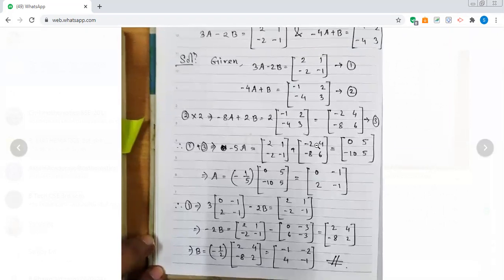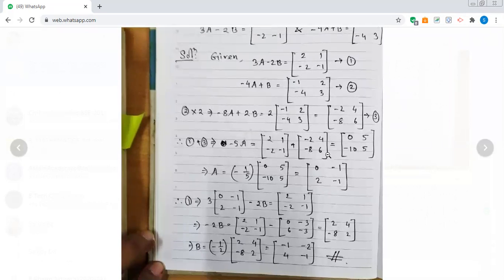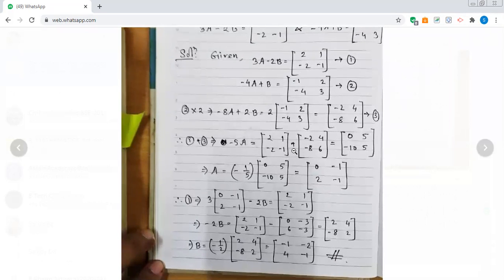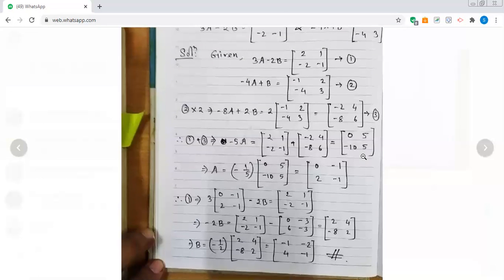So 2 plus minus 2 is 0, 1 plus 4 is 5, minus 2 plus minus 8 is minus 10, minus 1 plus 6 is 5. So the left hand side contains minus 5A, and the right hand side contains the matrix 0, 5, minus 10, 5. Okay.